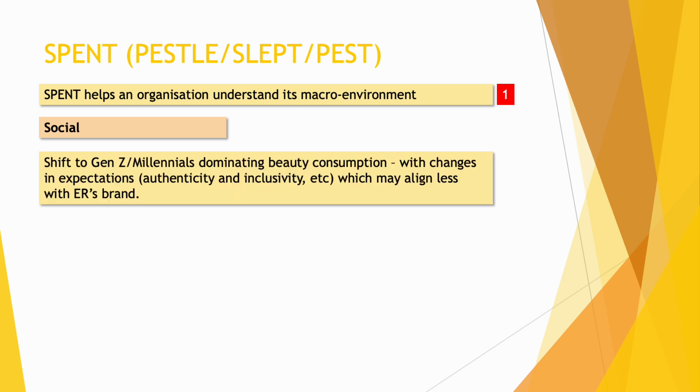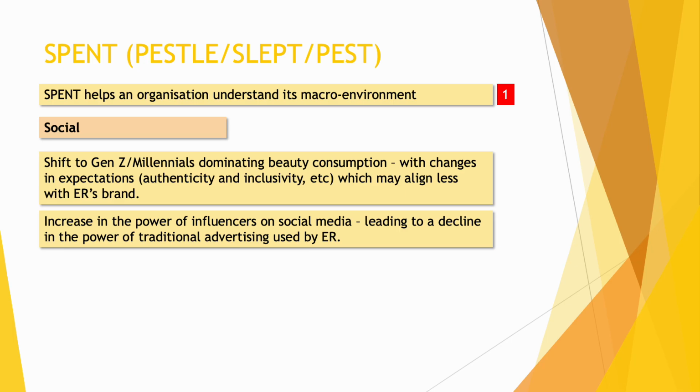Now, there are lots of different social shifts that seem to be happening in the scenario that you could talk about here. So for example, it seems that the focus is now on Gen Z and millennials that are dominating beauty consumption, and that's led to changes in expectations. So people are expecting things like authenticity and inclusivity, and that might potentially align a bit less with our legacy brand for ER.